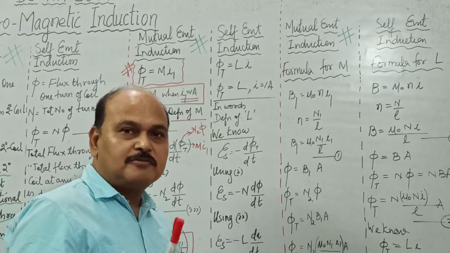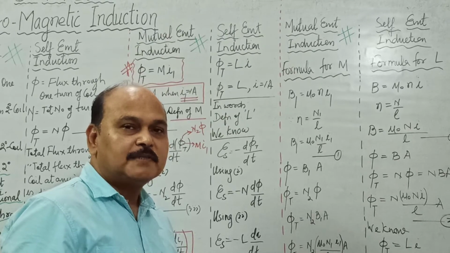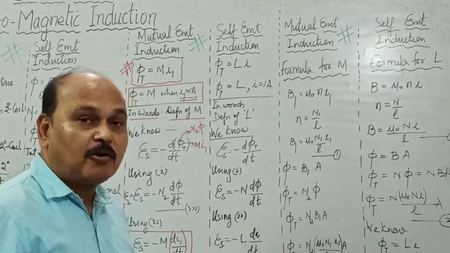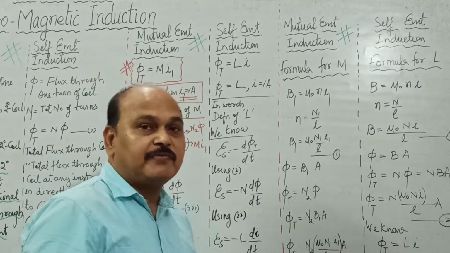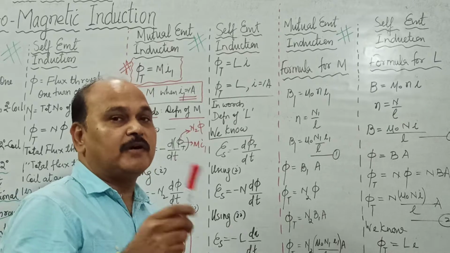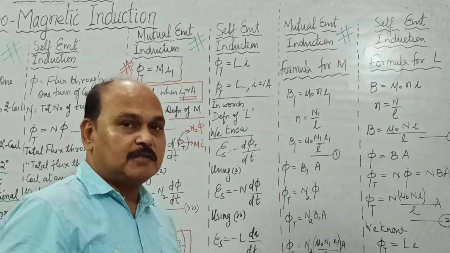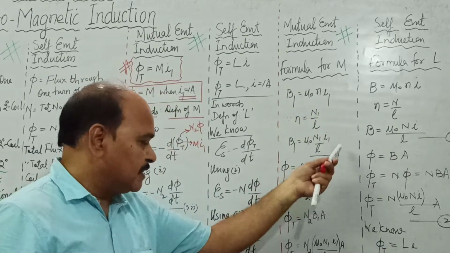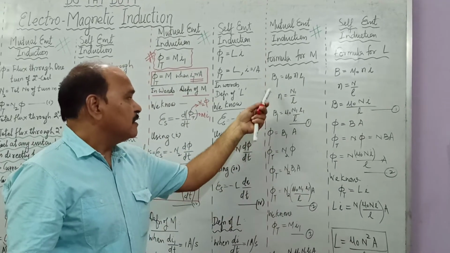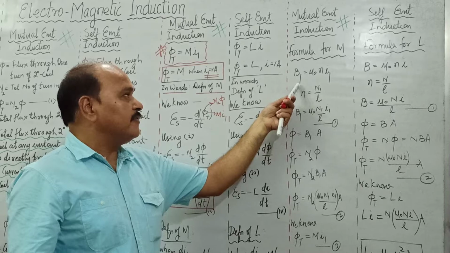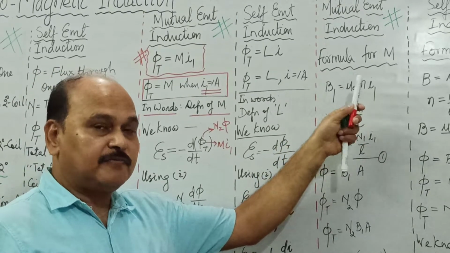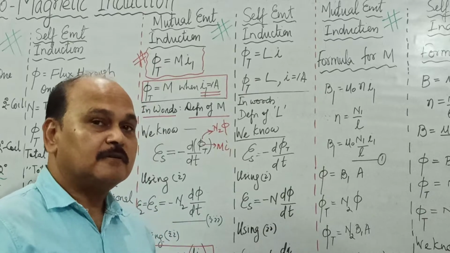Children, let us deduce the formula for M. M for a pair of coils is a constant, we know. But how does it depend upon various factors of the pair of coils? So we can deduce the formula for M. Well, B1 is the magnetic field in the primary coil. What is that? Mu naught n i. This formula we have already deduced.